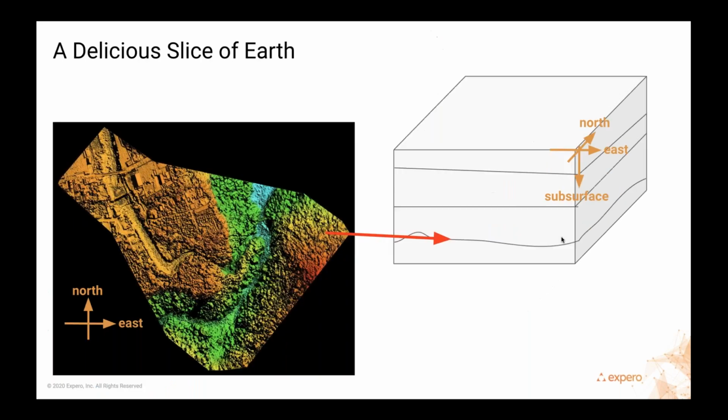Before we jump into that use case, I wanted to take a snapshot of one of these layers. If we imagine that this layer, the red arrow is pointing to, is a 2D surface, we would map it out as corresponds to this surface on the left-hand side of the slide. Obviously, this is a volumetric world, and the subsurface Earth is three-dimensional.